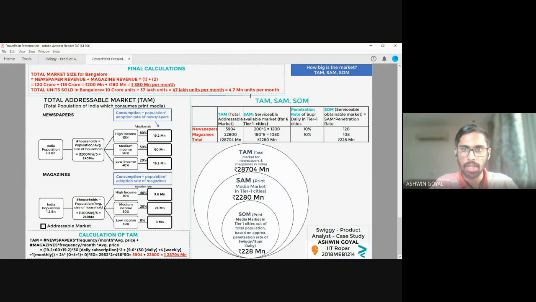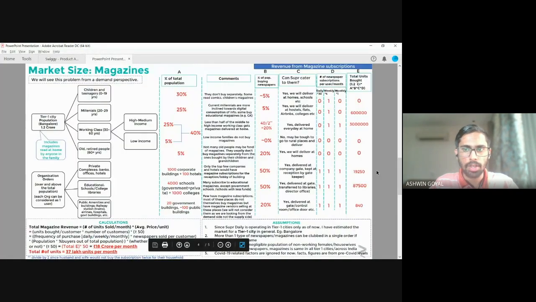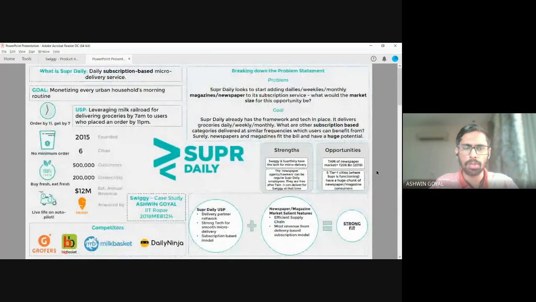So this was TAM, SAM, SOM, consulting concepts for identifying the market size. I think this was the final answer, the market size that we need to target. So this was a market size case study. This is not a product design or product improvement case study, so it is slightly different from the rest. You usually get a product improvement or product design case study.